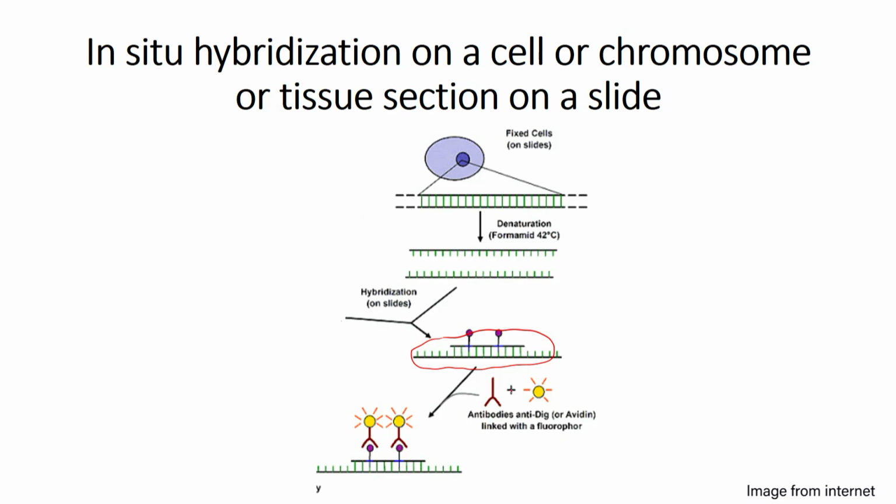And if we use antibodies against this, this has captured this and this antibody has high fluorescence. So, the result is that now this will start fluorescing wherever the hybridization is.